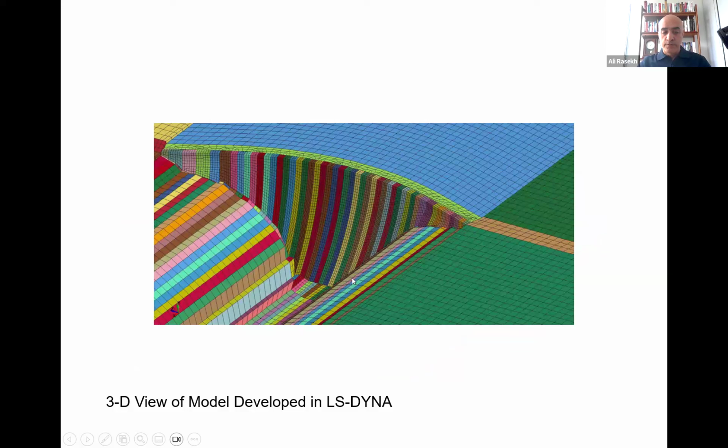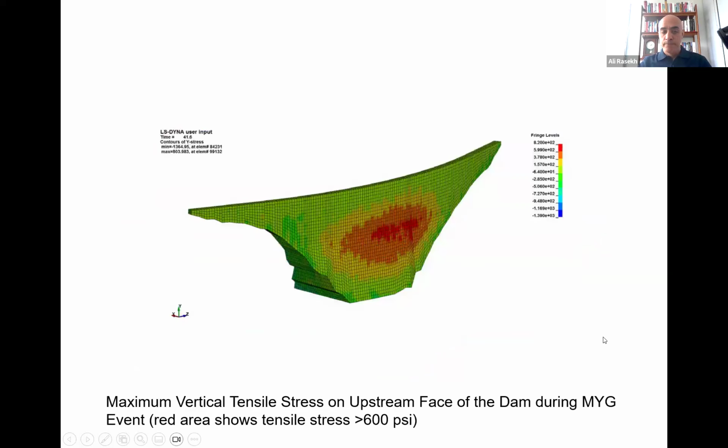A close-up of the model with so many monoliths and foundation representation there. Some of the results that I pulled out from those reports: we studied the maximum tension during the earthquake, and these red zones are something to think about.